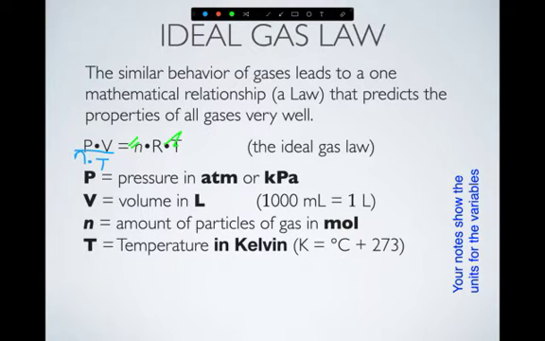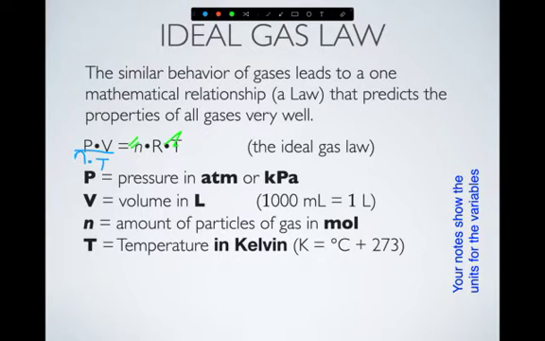So let's say we have a gigantic pressure, then we probably have a small volume, we have a certain number of particles, we have maybe a high temperature. When I put that ratio together, I get R. What if I have a low pressure and a small container? Then the temperature is really small, or maybe I don't have very many particles.